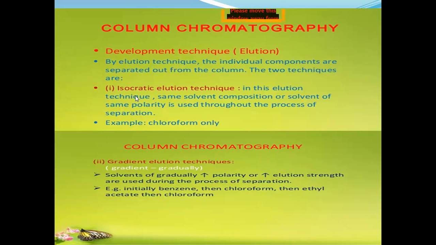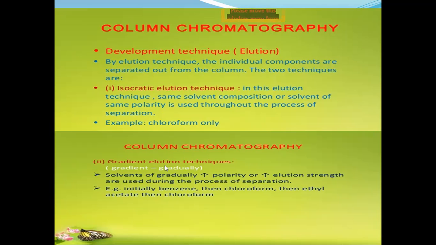In isocratic elution technique, the same solvent composition or solvent of the same polarity is used throughout this separation process. That means here we use only one type of solvent. If we are using one type of solvent as the mobile phase, that technique is known as isocratic elution technique, for example, chloroform.